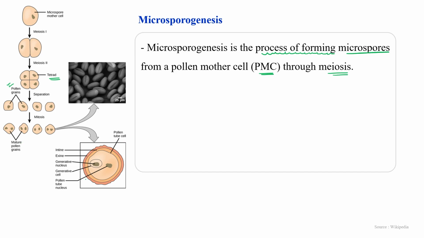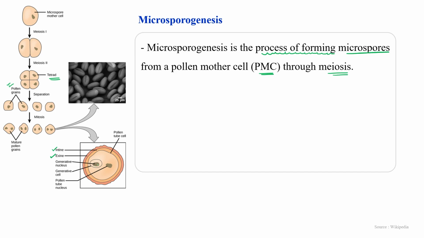And this pollen grain contains an outer layer known as exine, then an inner layer intine, and 2 types of nucleus, as you can see over here and in this zoomed picture also. This is known as the generative cell.